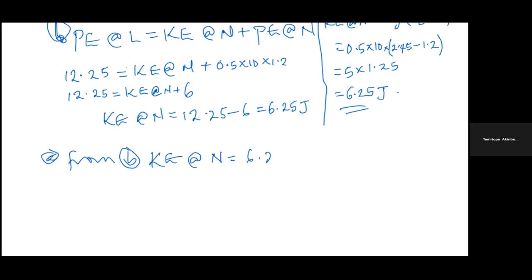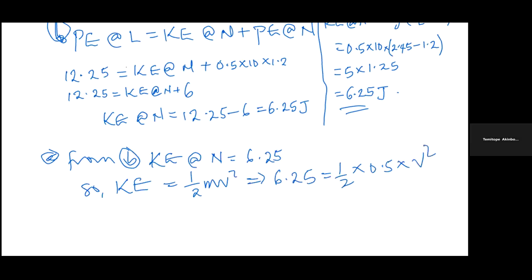So kinetic energy, which is half mv squared, will now be 6.25 equals 1 over 2 times 0.5 times v squared. So 0.25 v squared equals 6.25. V squared equals 6.25 divided by 0.25. What is that? 25.